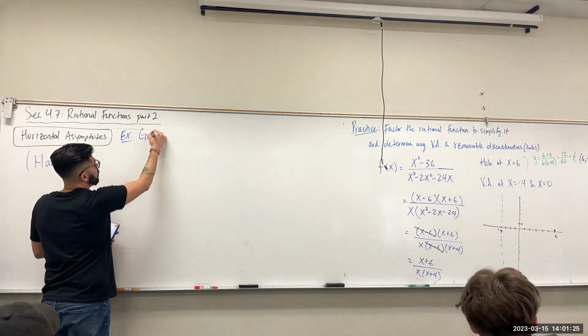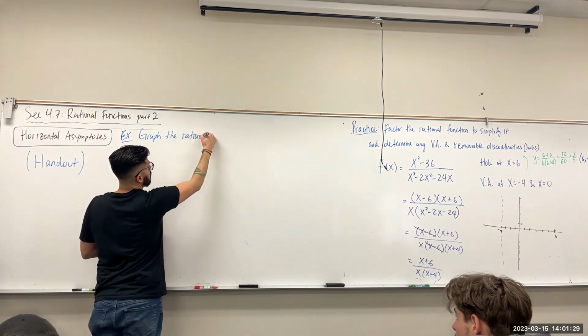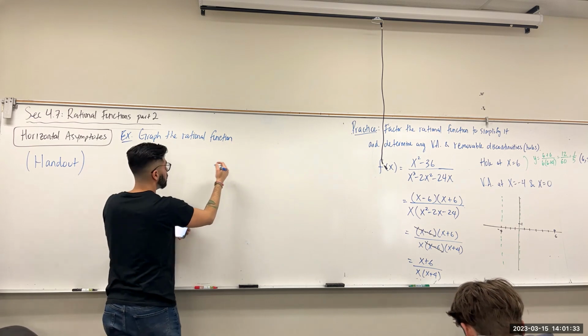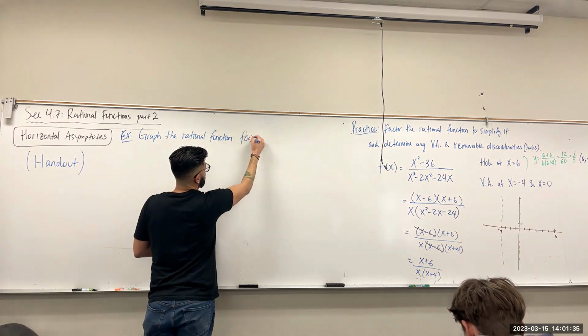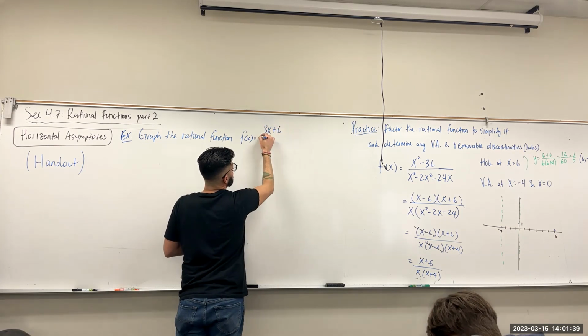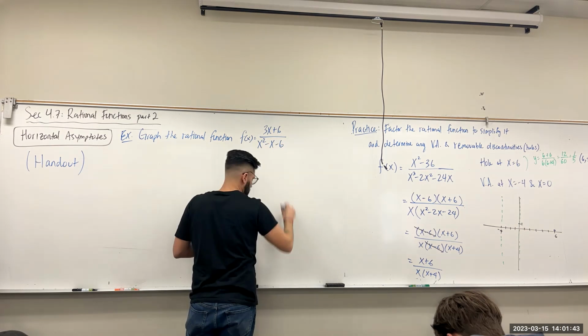Let's say we're asked to graph the rational function f of x equals 3x plus 6 over x squared minus x minus 6.